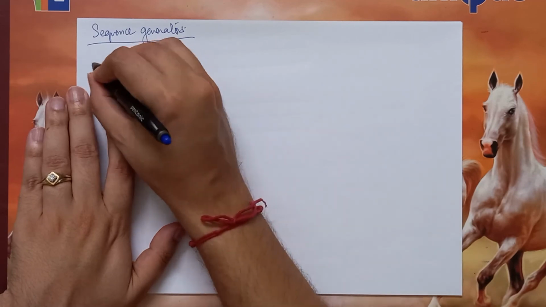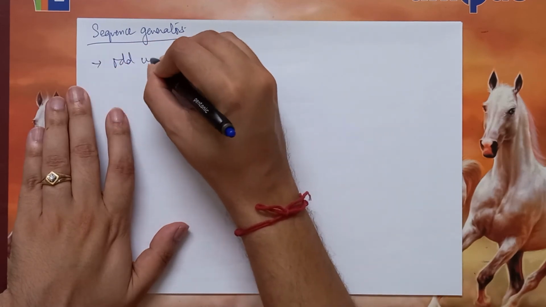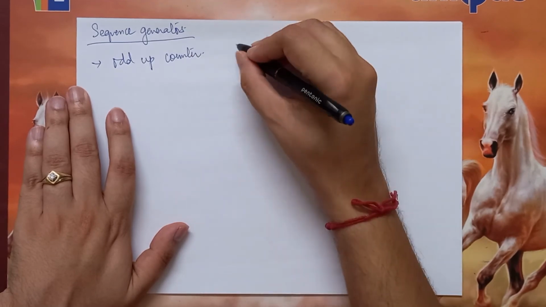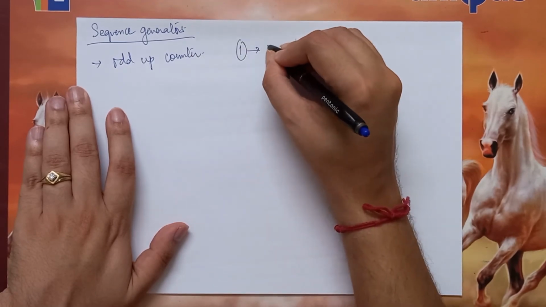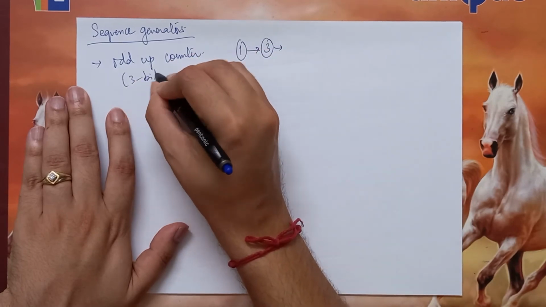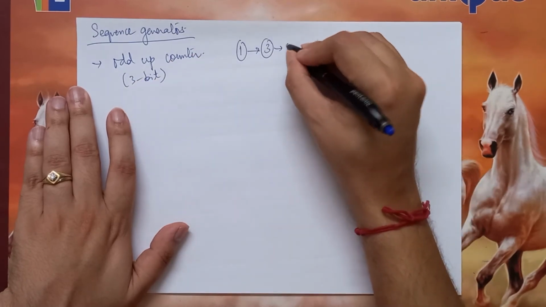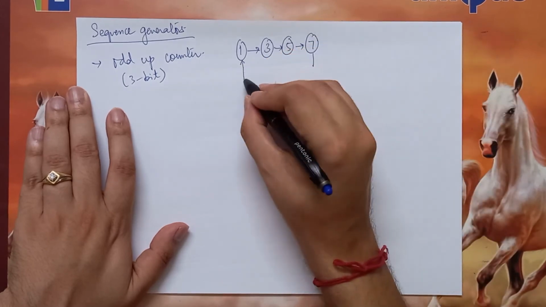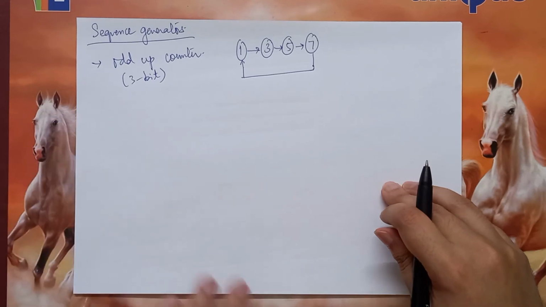So let us say an odd up counter. So let us say the counting sequence would be like this. I have a 3-bit odd counter. This is what we want.